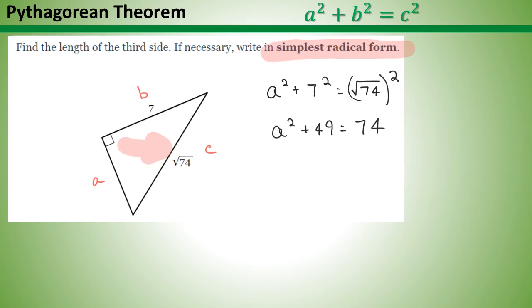These two things just cancel each other out, and that number just comes out. So now subtract 49 from both sides, and we're gonna get a squared is equal to 25. Okay, take the square root of 25, and a is 5.